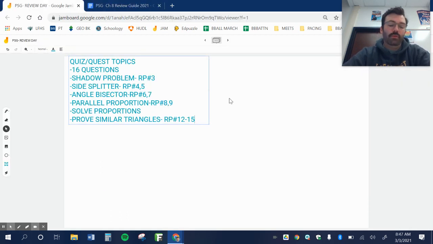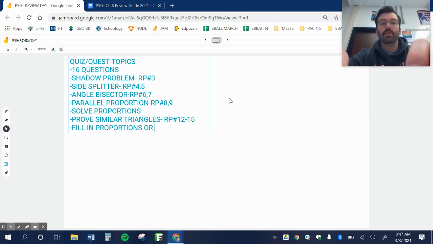If they are, you will have to fill in proportions or set up and solve for missing sides or angles. This is like number 10.